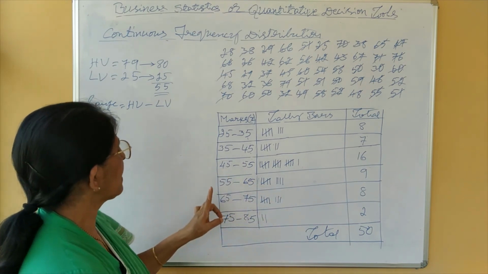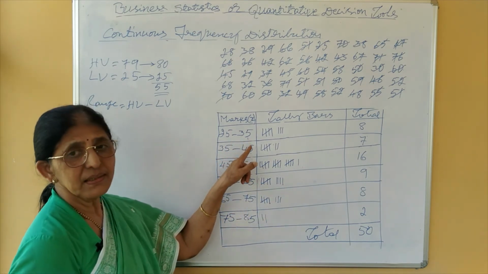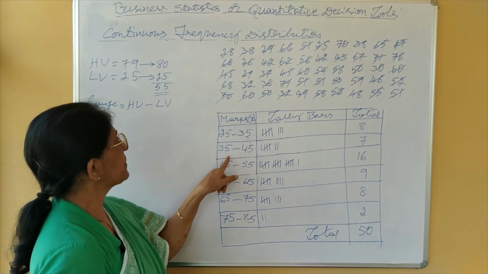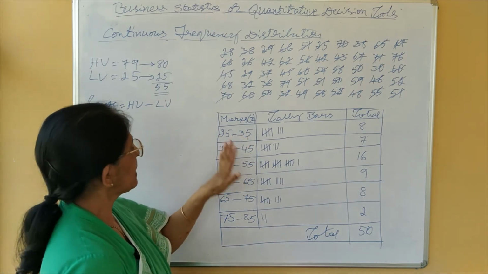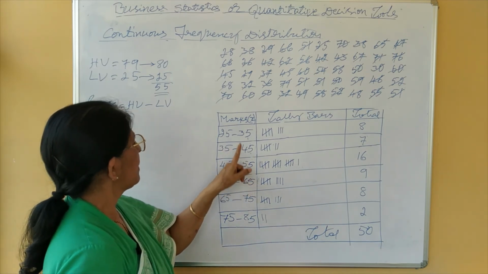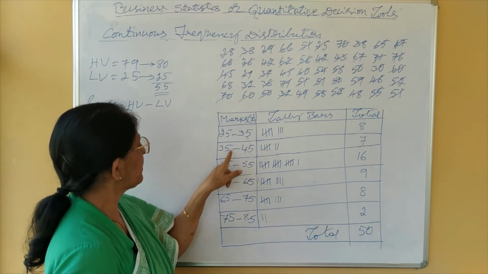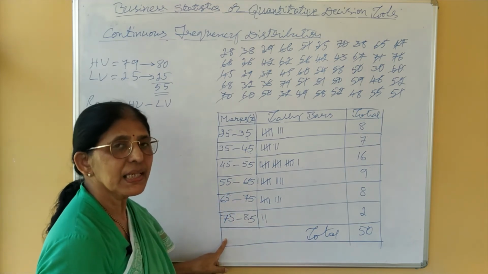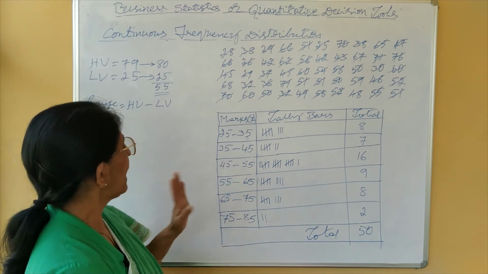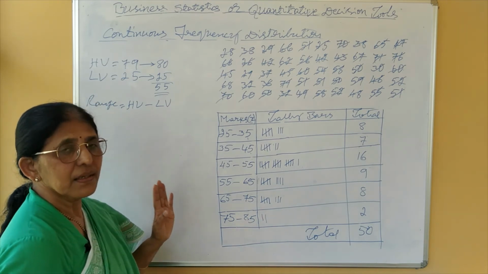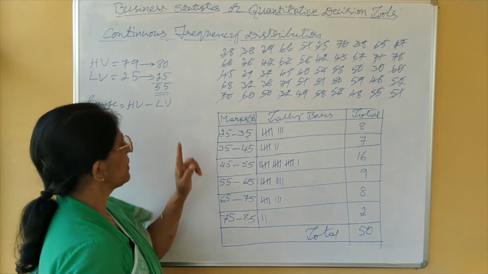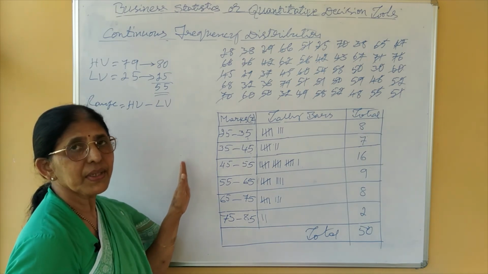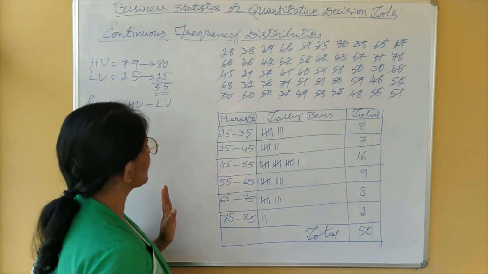The only thing is taking the limits of the classes. Under the exclusive method, the upper limit of any class is equal to the lower limit of the immediate next class. Under the inclusive method, what is the procedure? The upper limit of any class is not equal to the lower limit of the immediate next class.